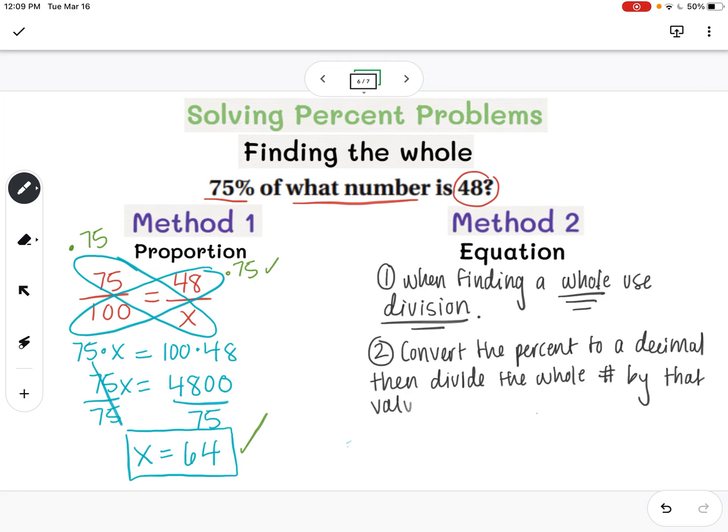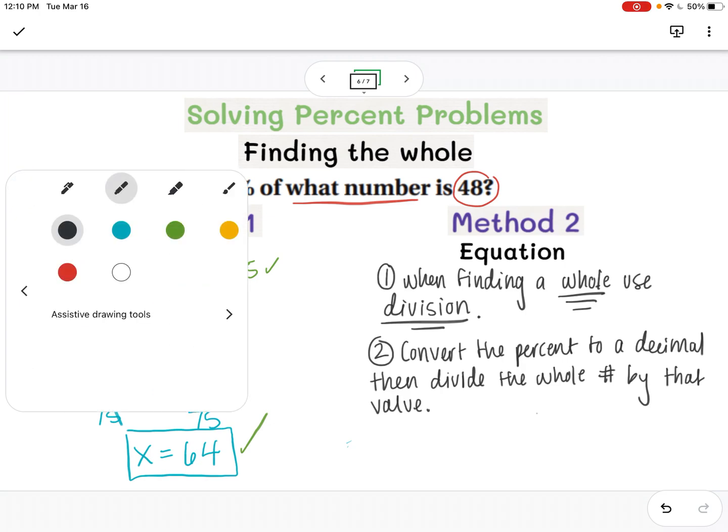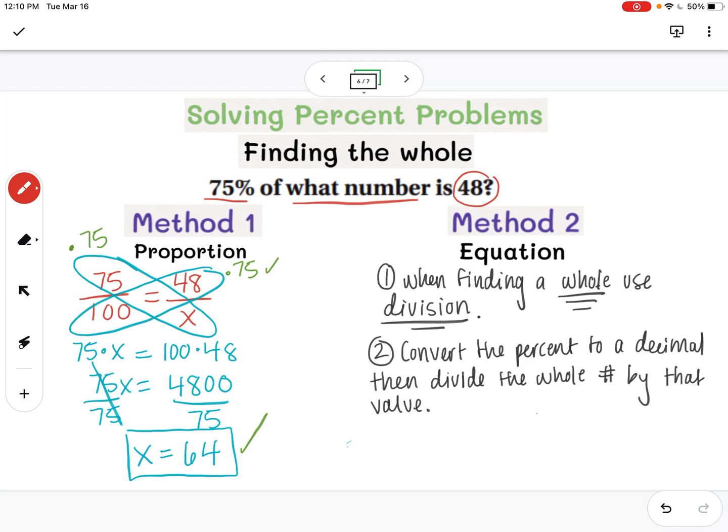So we're going to convert the percent to a decimal, then we're going to divide the whole number by that. Remember, we already have notes previously of how we convert that percent to a decimal. All you do is move the decimal place 2 times to the left, so that equals 0.75. So we would just do 48 divided by 0.75, and that would give us 64.